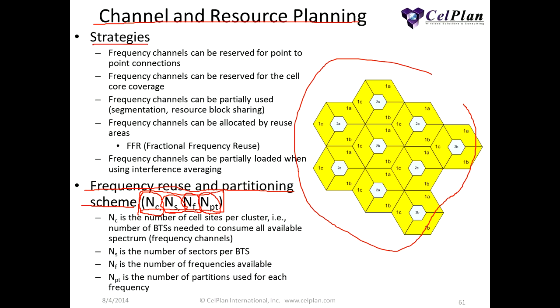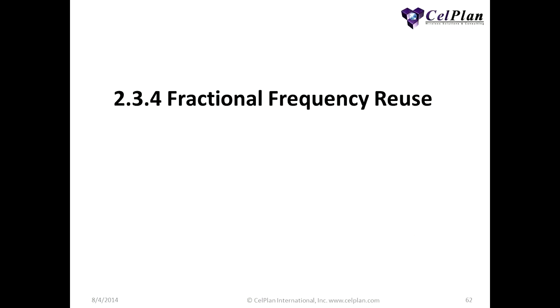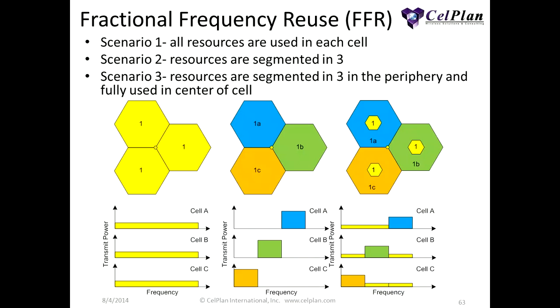So let's analyze the most common configuration, and the one that is spoken about most recently, what people call fractional frequency reuse. What does it mean? Well, I did an example here showing 3 different reuses. The first one here is the typical LTE reuse scenario. Every single cell uses every single resource.